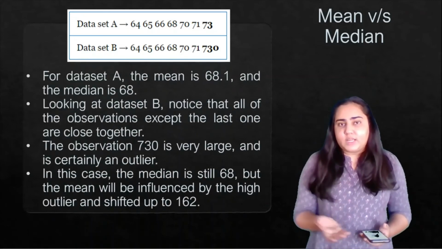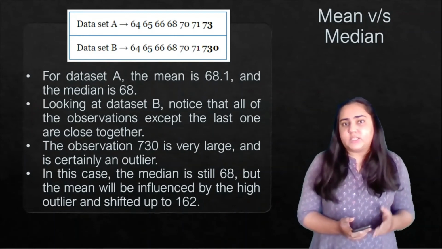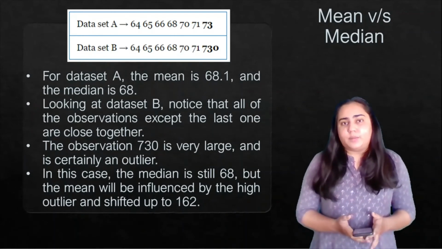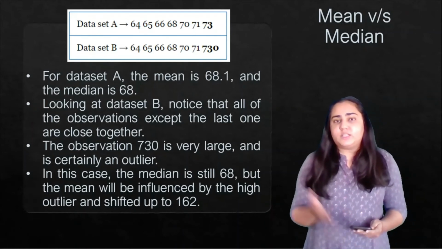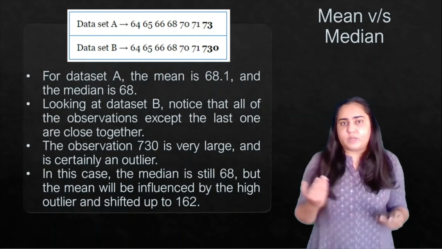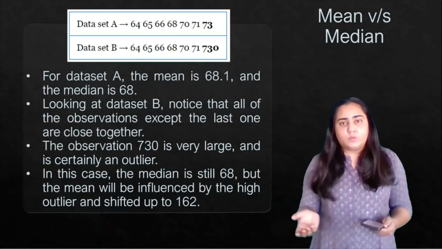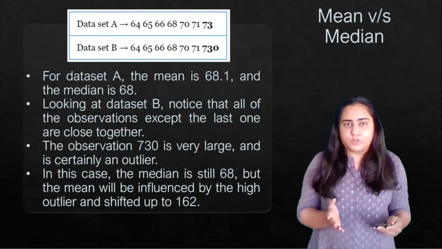For data set A, the mean is going to be 68.1 and the median is 68. You can verify this by calculating it on your own.